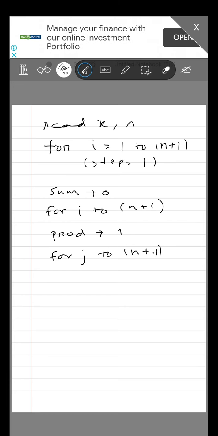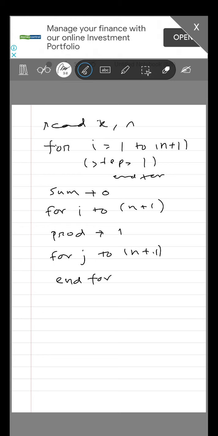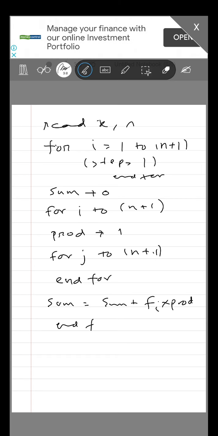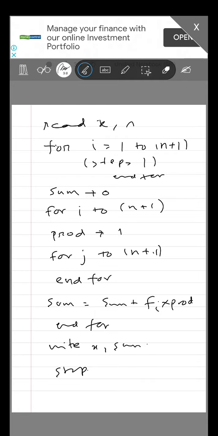Then we use the end for statement here and also an end for statement here, and then we write sum equal to sum plus the function fi into the product function, and then we write end for, and then ultimately the answer that we get is write x and sum, and then we stop.